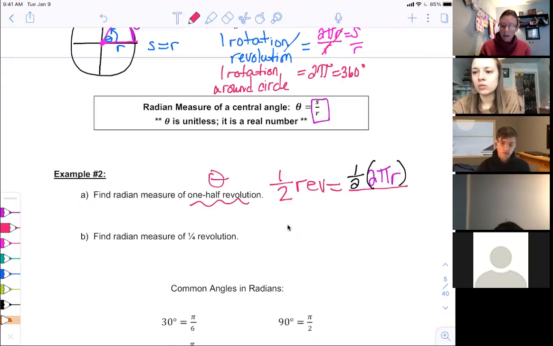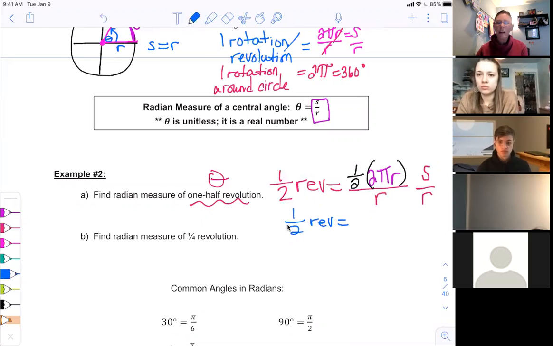And then I have to divide that by the radius because that's how I find the measurement of an angle. So I have to take the distance of the arc divided by the distance of the radius. Well, I don't know the radius, but I know I have to divide by R. So 1/2 a revolution around the circle is equal to what if I simplify this little algebraic expression?